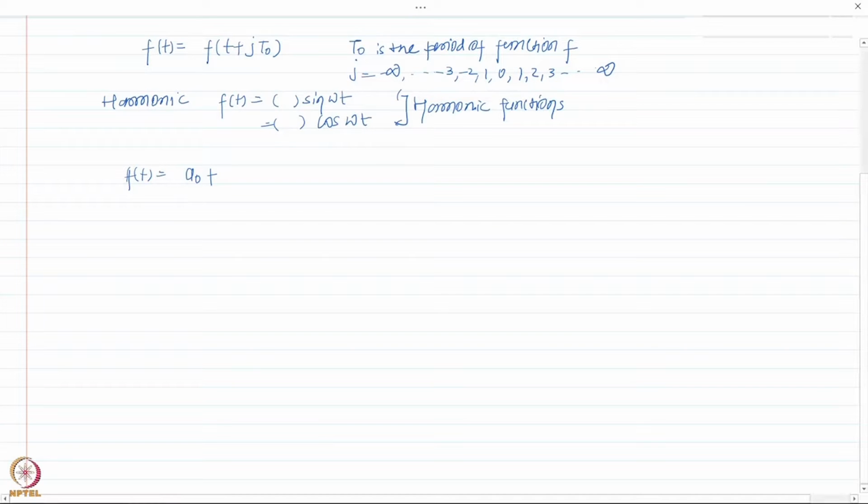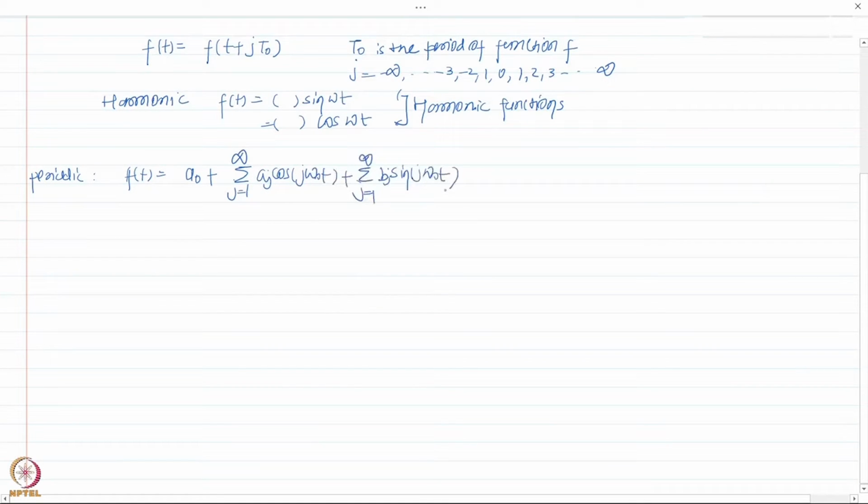We know that any periodic function f of t can be expressed as a sum of these terms. This is from your mathematics class.